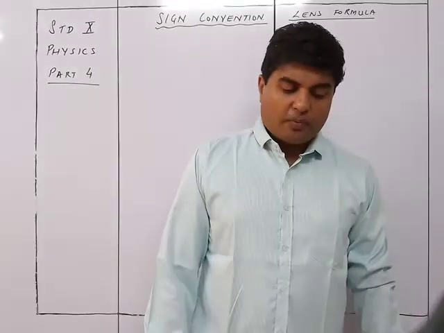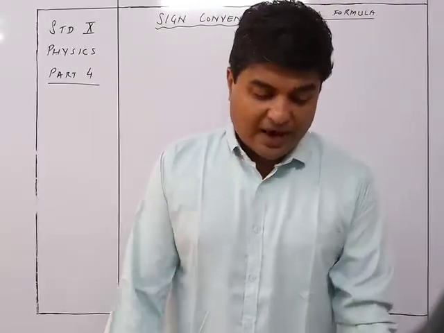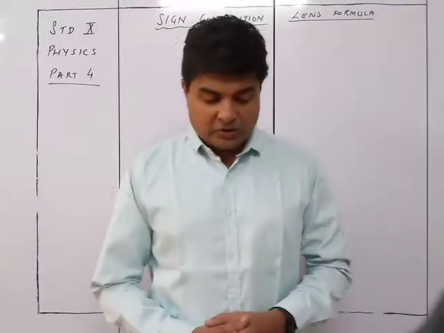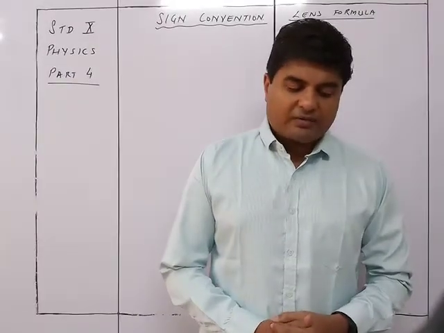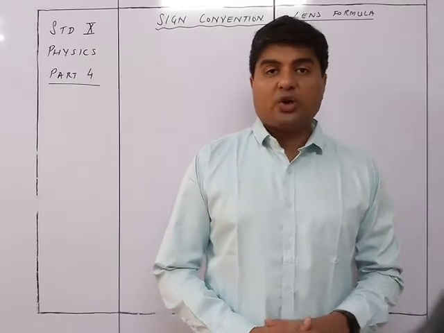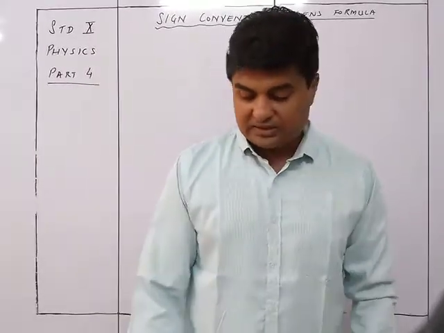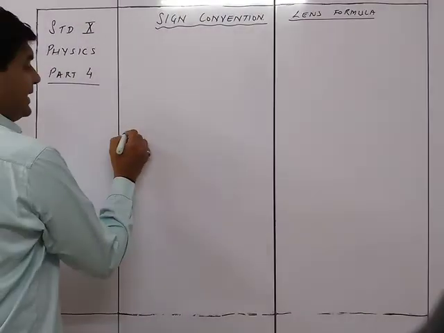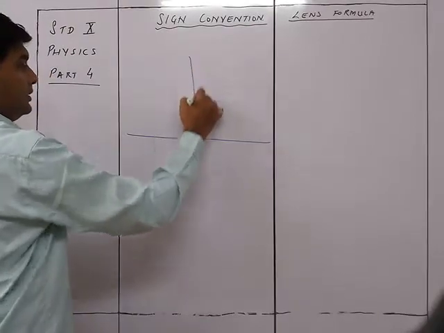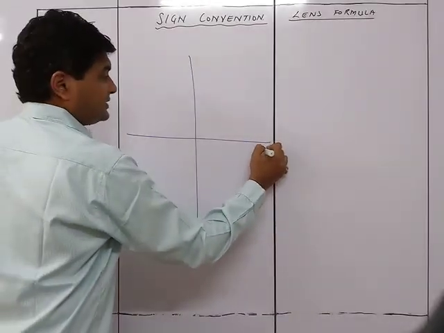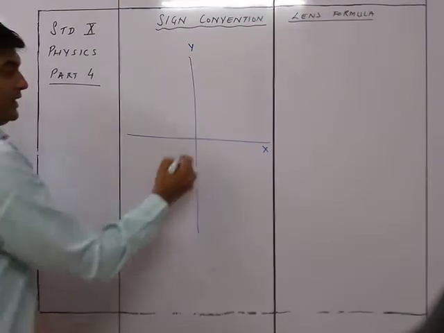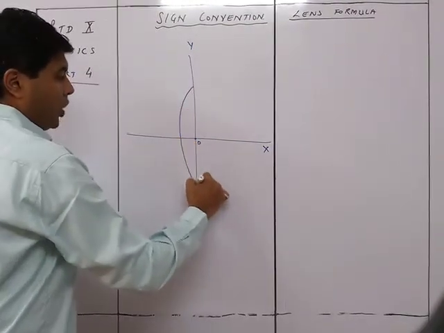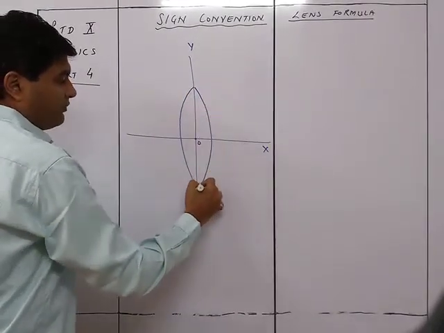So sign convention or measurement of distances: we follow the Cartesian sign convention to measure the distance in a lens, according to which the optical center of the lens is chosen as the origin of the coordinate system. If I consider this as the x-axis and this as the y-axis, then the origin over here is also the optical center of the lens.